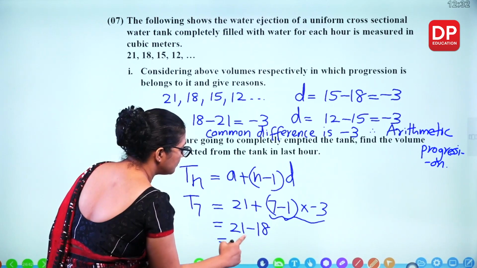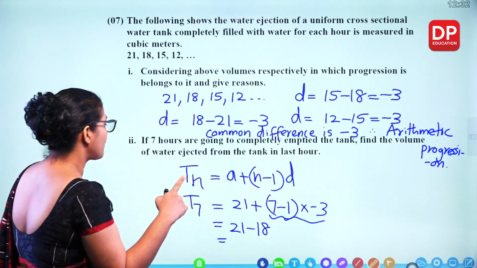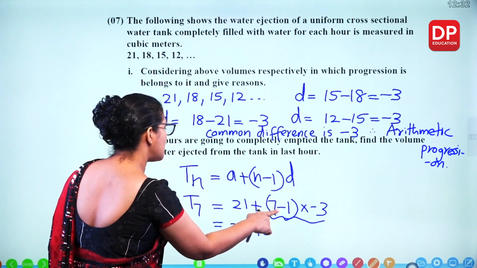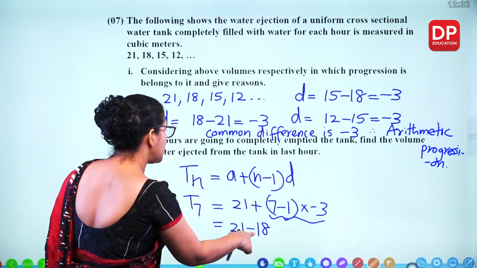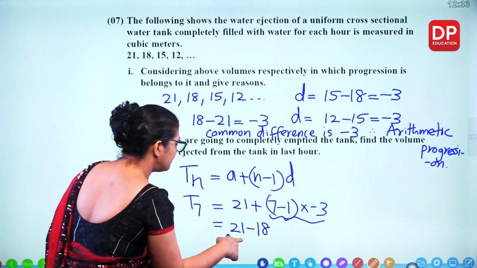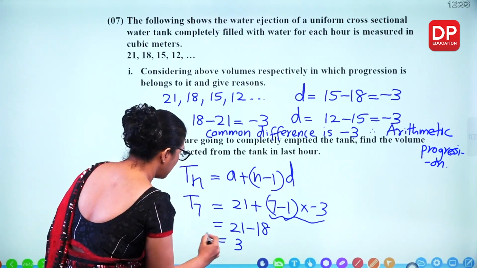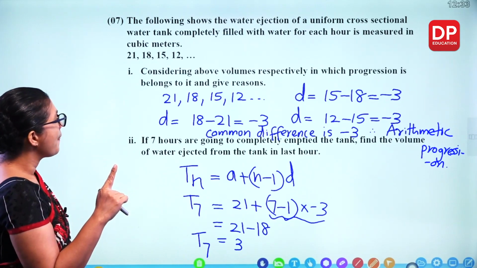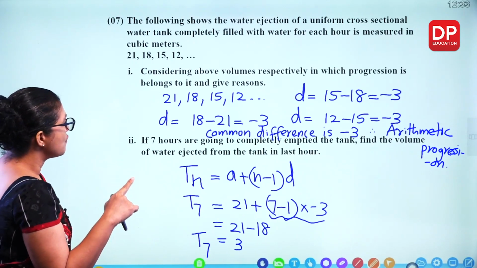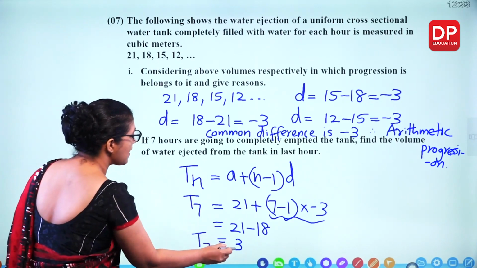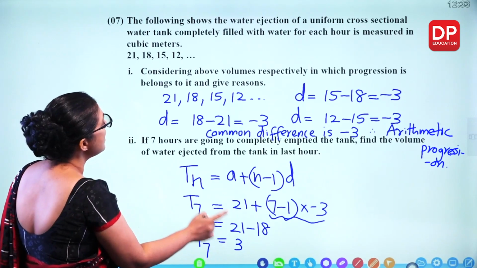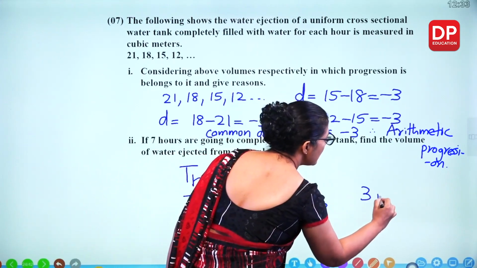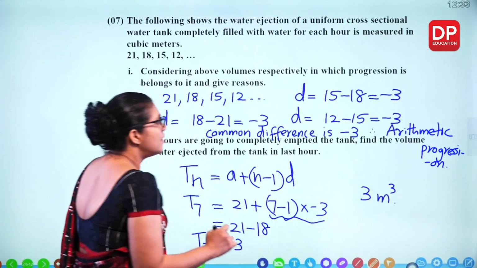So you get 21 minus 18. That's 3. So T7 is 3. So the volume of water ejected from the tank in the last hour, the 7th, is 3 cubic meters.